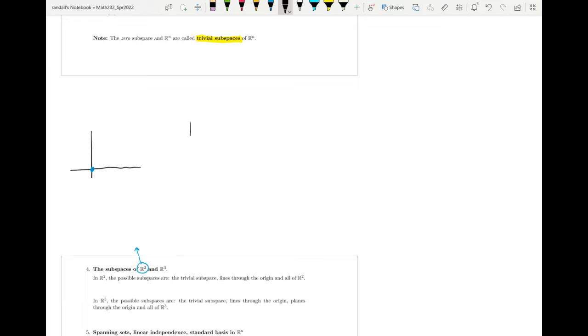I'm going to follow the notation in this definition here. So in R2, there's the trivial subspace I just denoted, the blue dot. Lines through the origin. Remember the proof above about the line through the origin being a subspace. So there's my line through the origin.